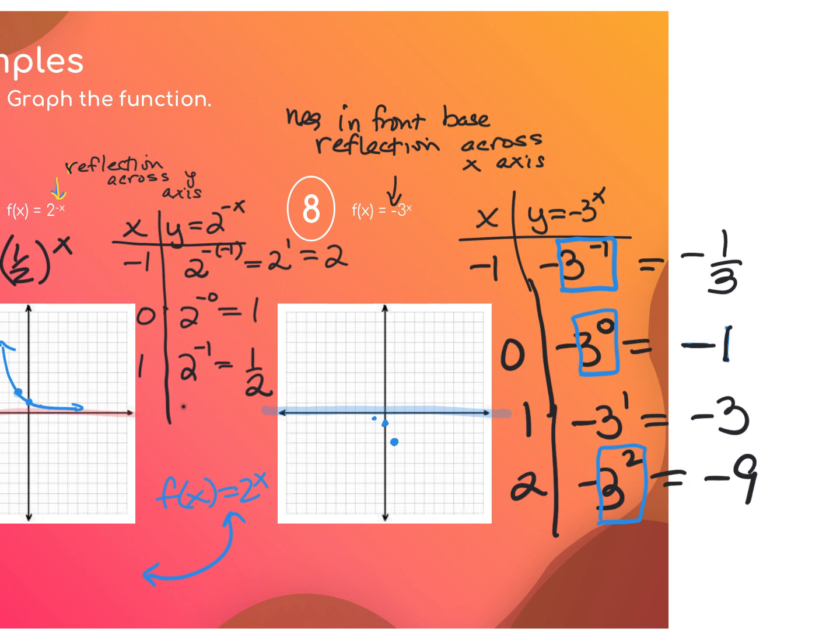And then +2, -9. And then it'll skim. So this one has been reflected across the x-axis. So they flipped it down. The next slide has a nice little summary of all the rules for the transformations.